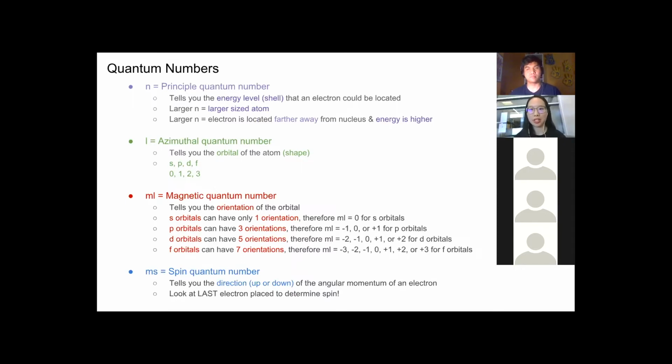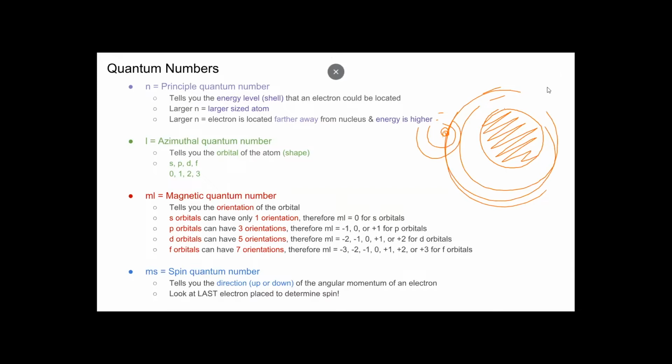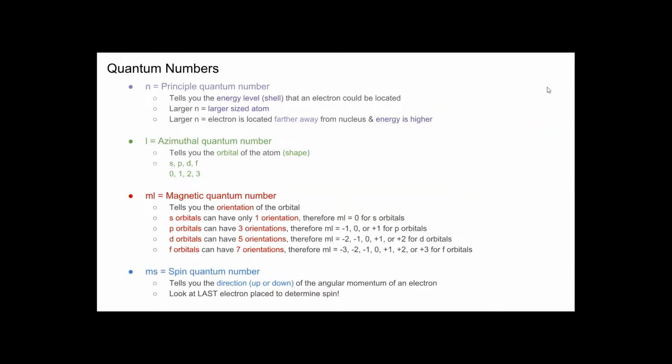So if you were to draw hydrogen versus bromine, for example, hydrogen would look like this, whereas bromine would look much, much larger. So we can have a lot more of those circles, whereas hydrogen will only have like 1, 2, 3, 4, something like that.